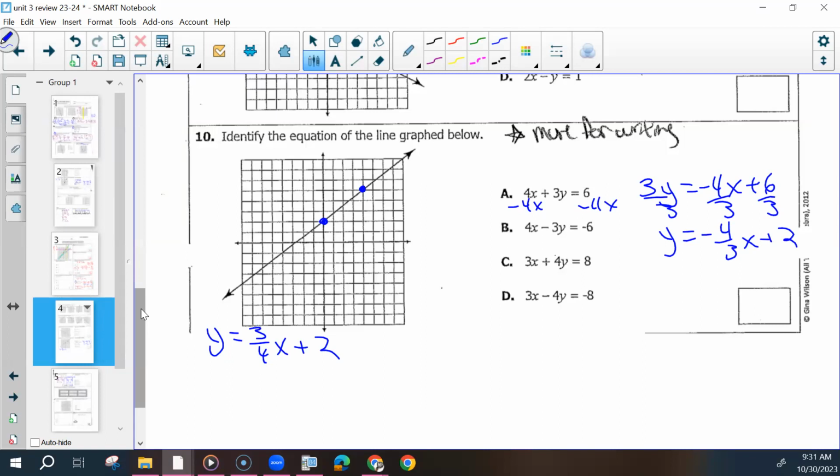So in this format where the coefficient of x is 4, it's not going to be A or B. I also know that if both of these are positive, one of these is going to end up a negative, so it couldn't be C. So it has to be D, and we can solve that to confirm.